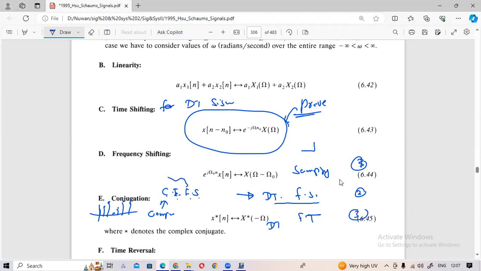Sometimes you may have to plot the magnitude plot and phase plot. We have done it in a previous week. So it can be a composite signal or this kind of sequence, and for both you should be able to find this.